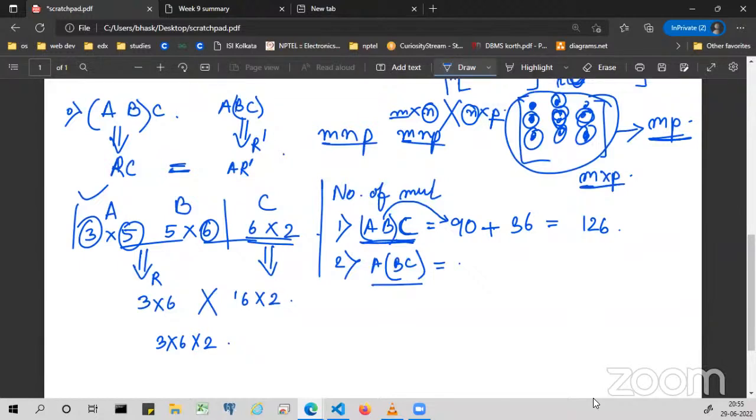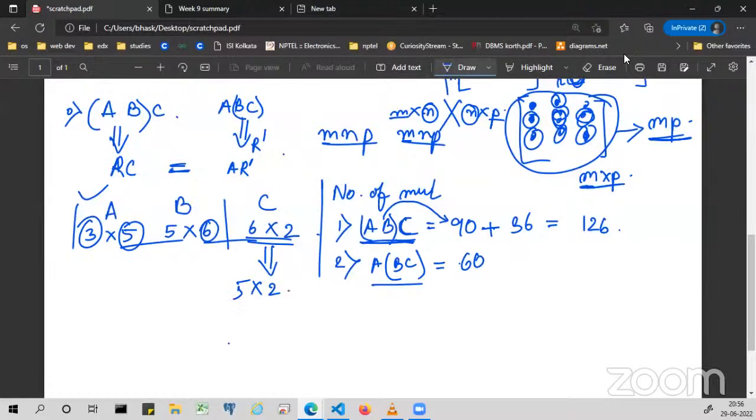Accordingly, let's check for this particular example. What would be the result if I do BC first? BC would be how much? 5 times 6 is 30, into 2, 60. And if I do BC first, what would be the dimension of the matrix I get now? 5 cross 2.